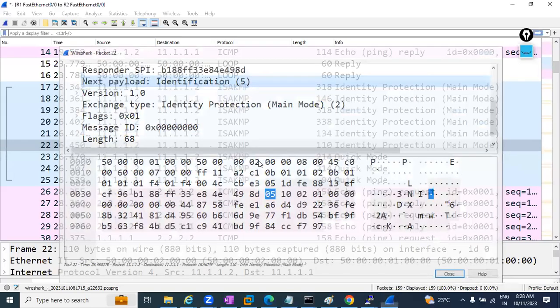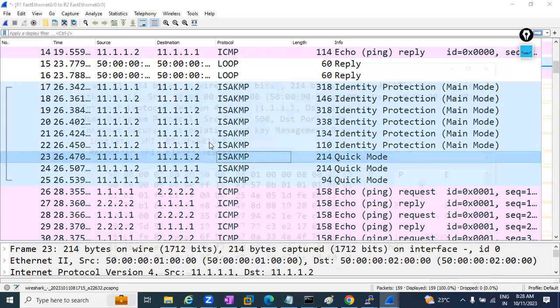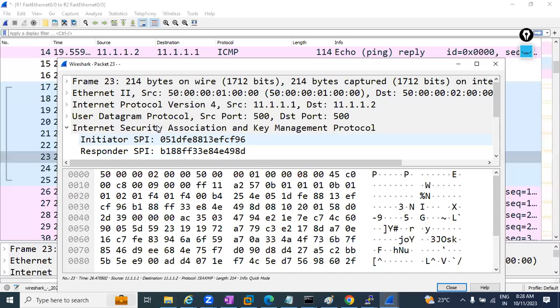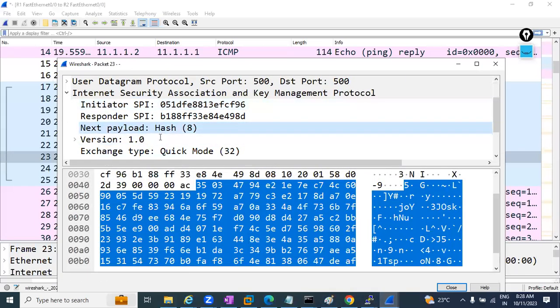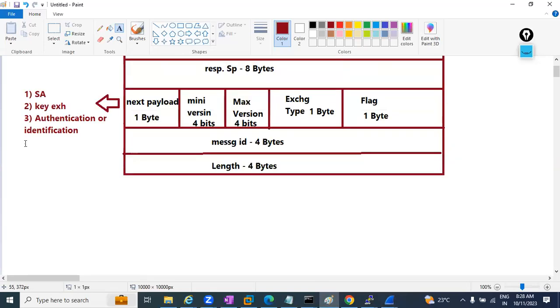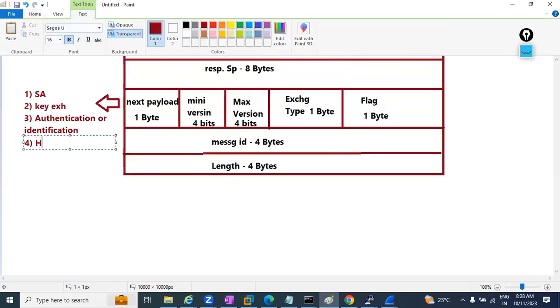And in the seventh message, what is there? Hash. One more possibility here is hash. Hash means which algorithms we are going to be using for the transform setting.